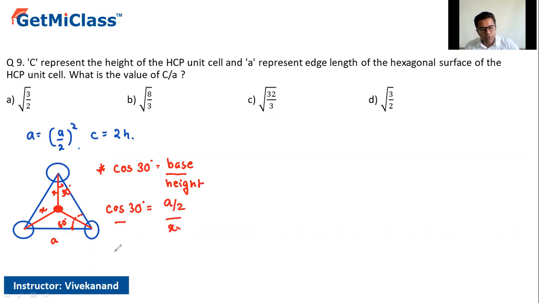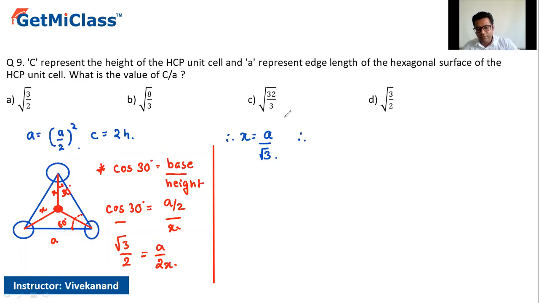Now, cos of 30 gives me the value root 3 over 2, equal to A over 2 times x. So therefore, we'll proceed over here, and x is equal to A over under root of 3.